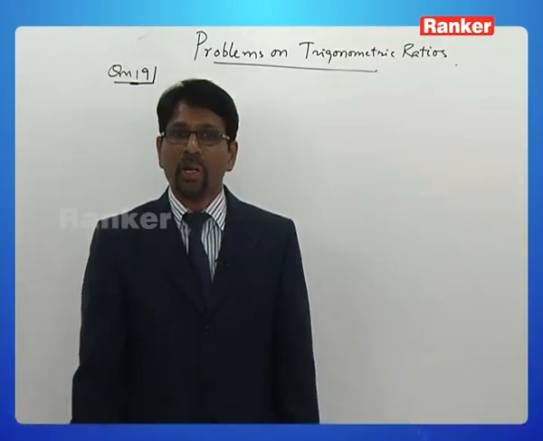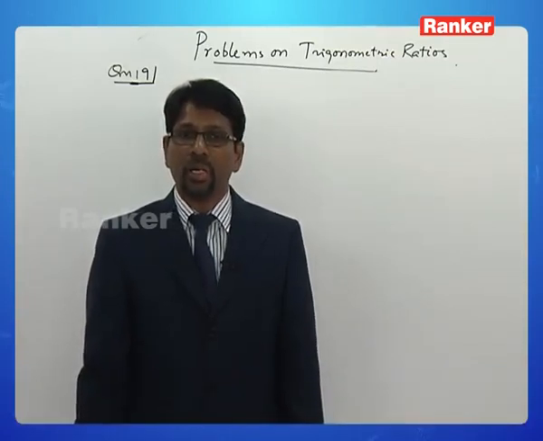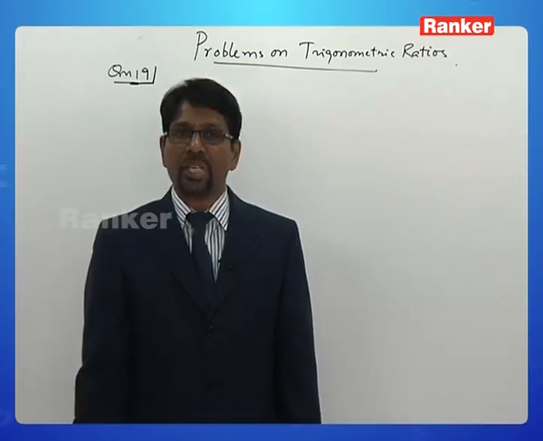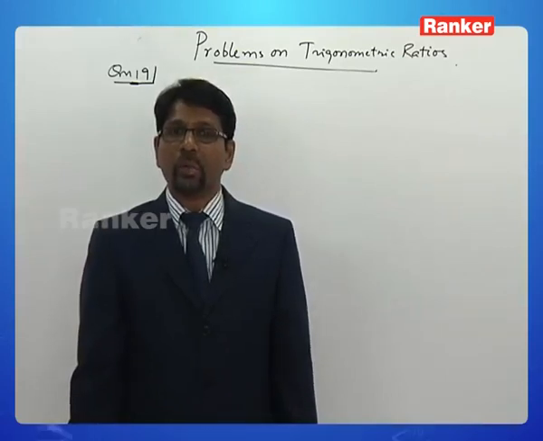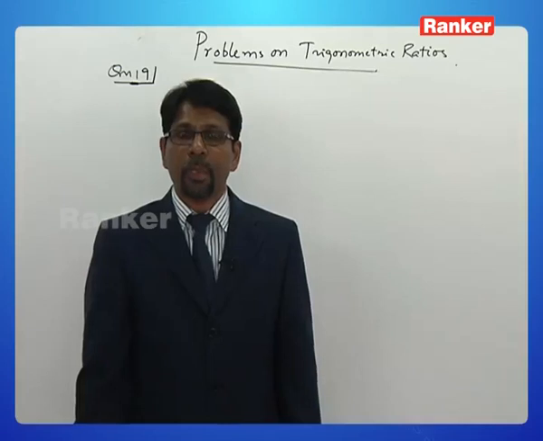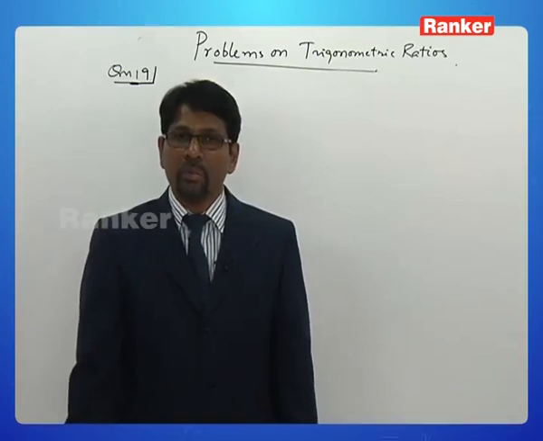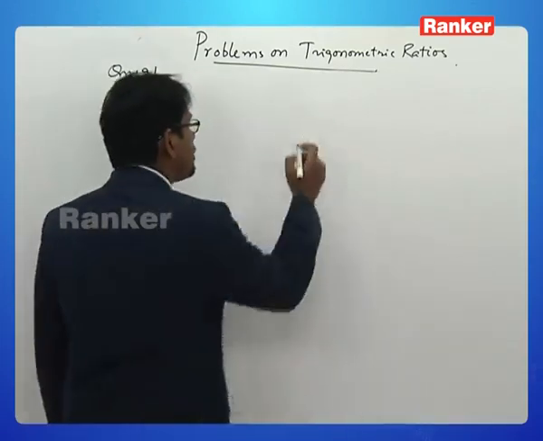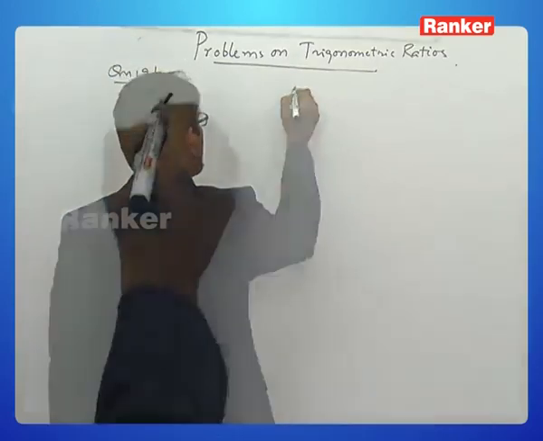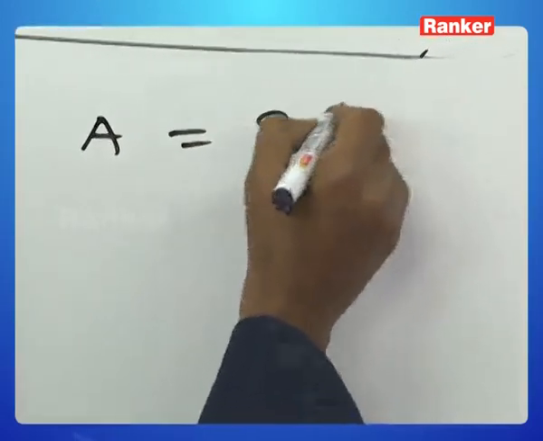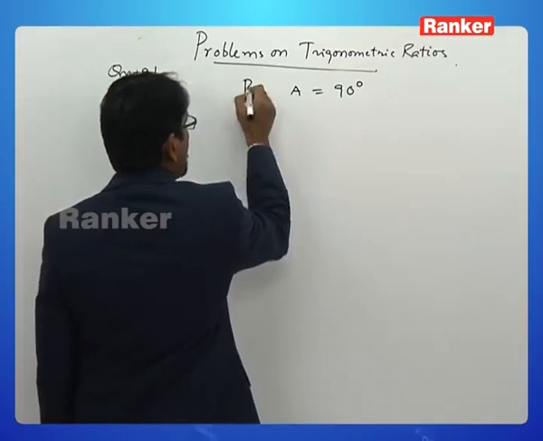You observe that cos A is in the numerator in the first expression and in the denominator in the second expression. So we will take A to be 90 degrees. Let's take A to be 90 degrees. Put A as 90.